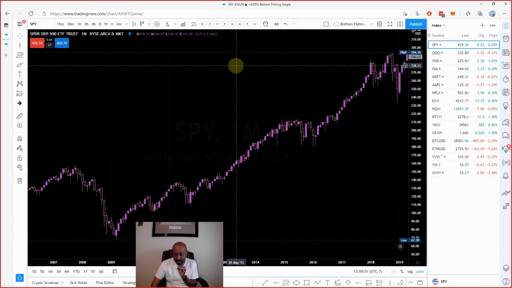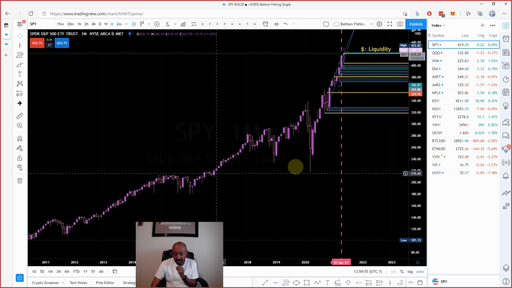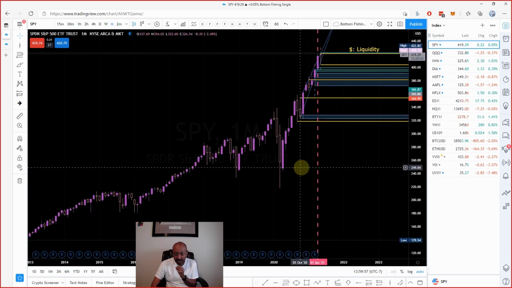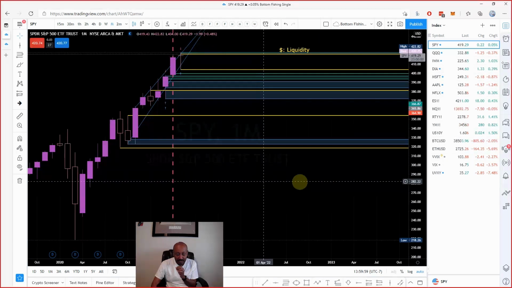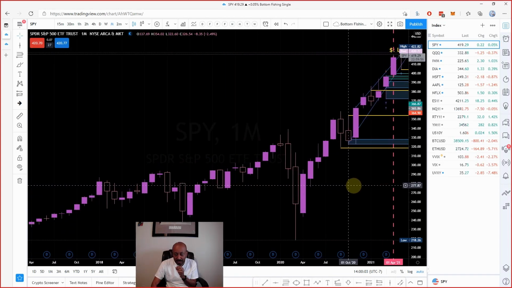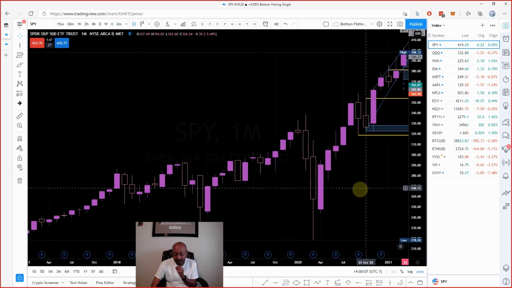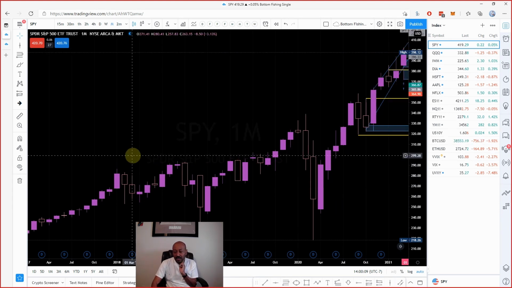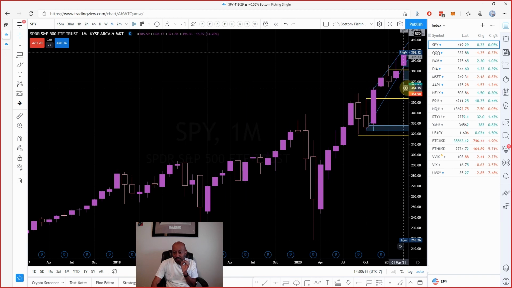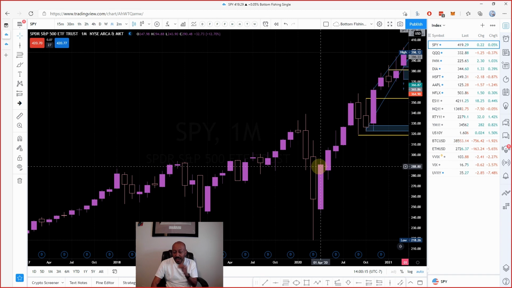Let's expand it and take the whole of April out of the picture. This is what you see at the end of March, and you want to make a plan for April forward.